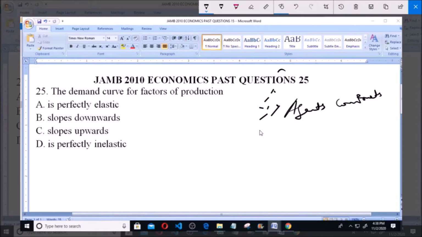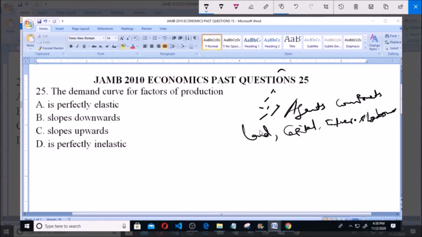We have 4 factors of production: land, capital, entrepreneur, and labor.